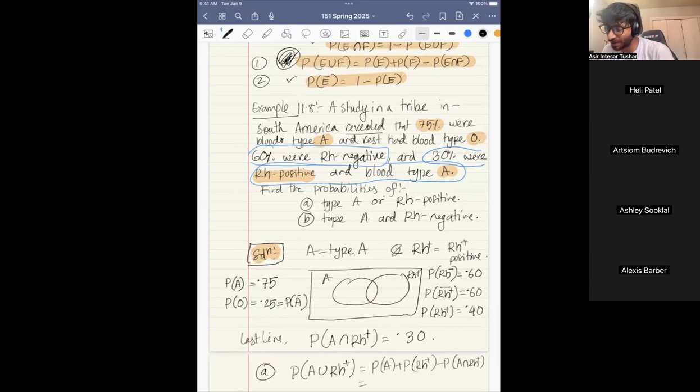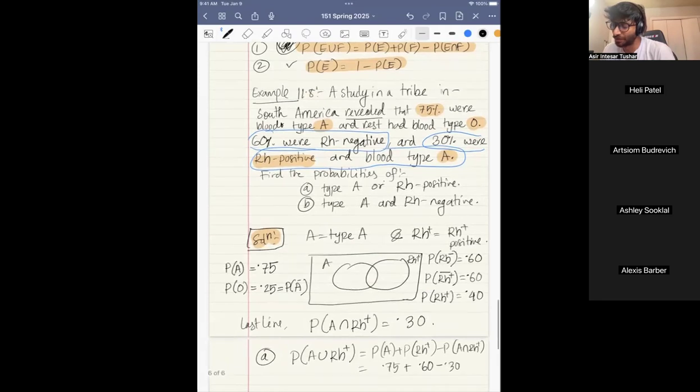Probability of A is 0.75, probability of Rh positive is 0.60, minus probability of A intersection Rh positive, which is 0.30. You add them and you get 0.85. Okay. Do you guys have any questions on this part? Nope. Okay.